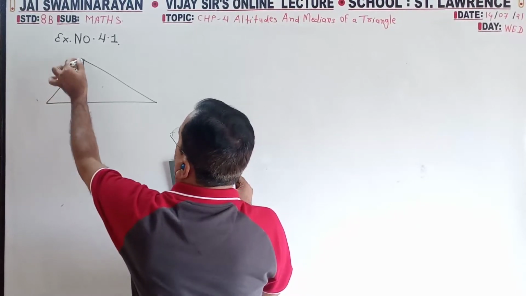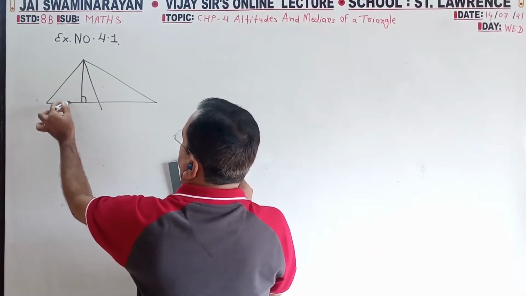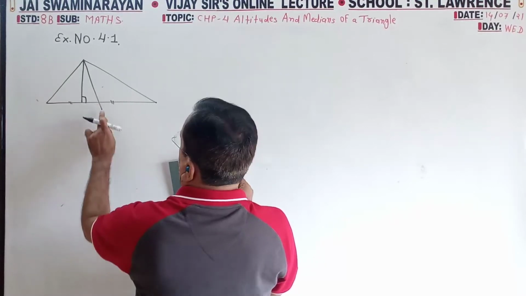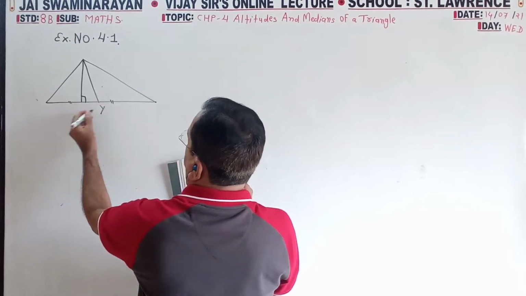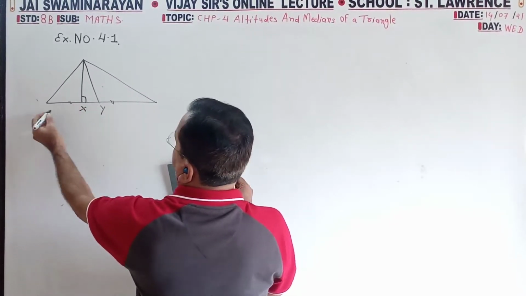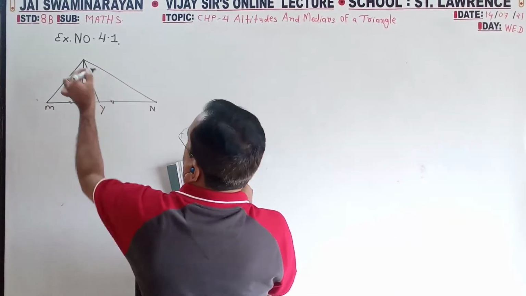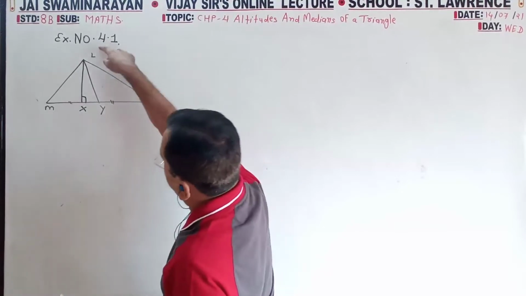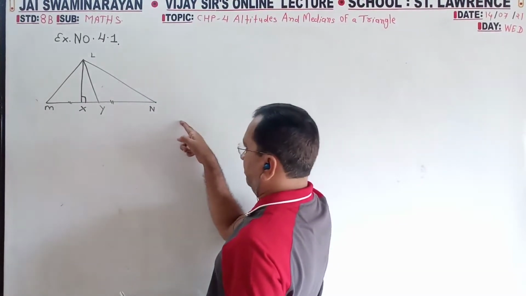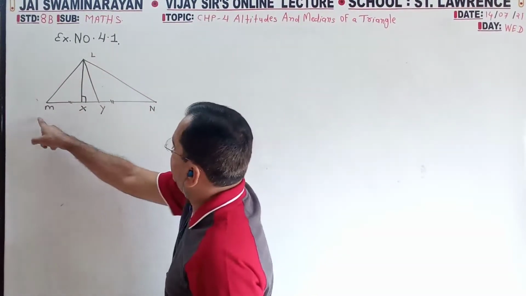This is perpendicular and this is a midpoint. Y is a midpoint. X is perpendicular. This is MN. This is O. LX is perpendicular to MN. LY is median on MN.